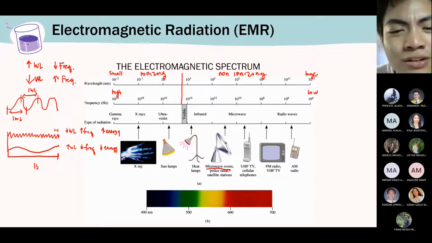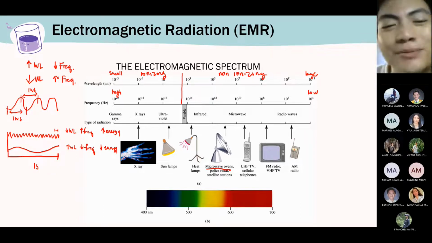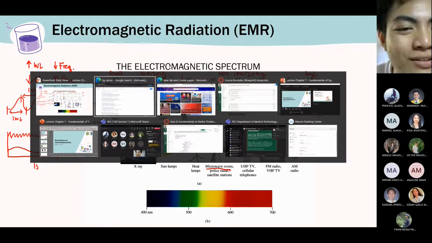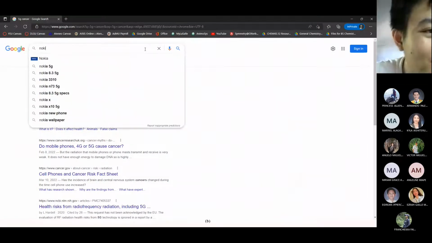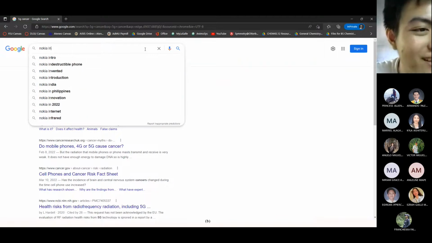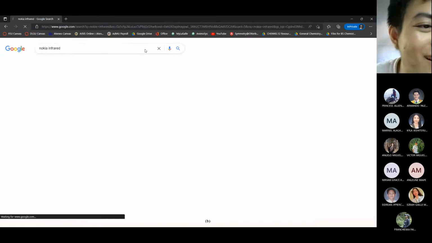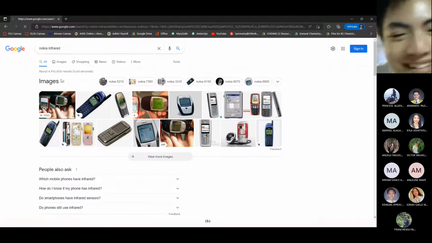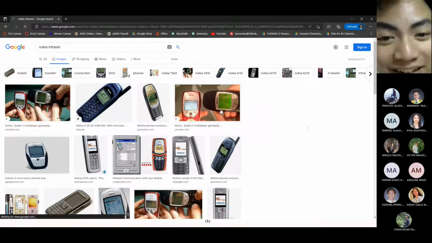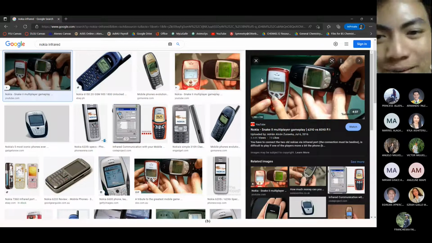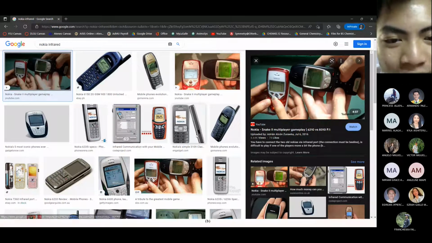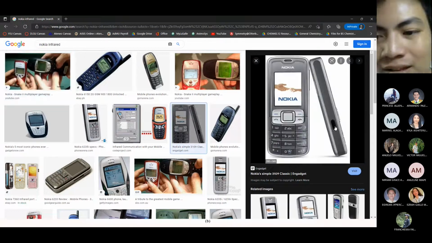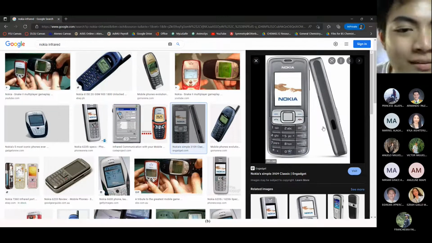I don't know if you caught the time when file sharing was through infrared. I did. On the Nokia before, to transfer photos, you used infrared. I tried it: you can transfer data between two cell phones using infrared. There is a portion in the cell phone that emits infrared light.